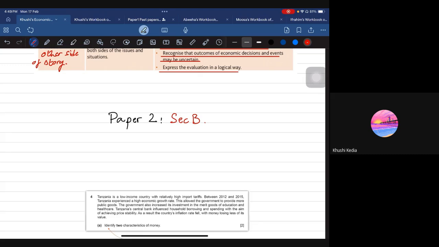So section B first we are talking about. How many marks does section B have? 60.